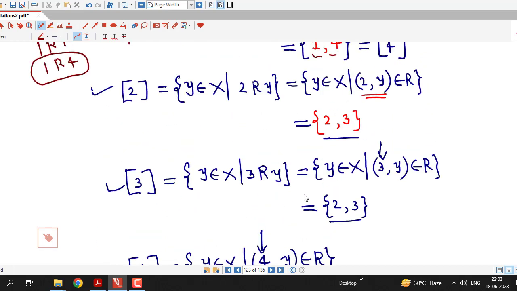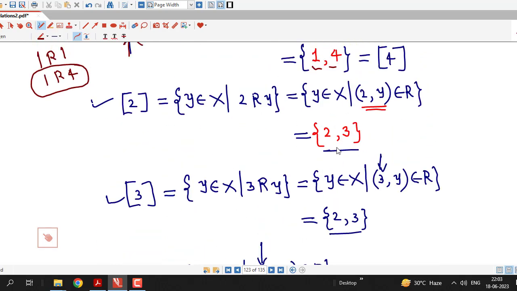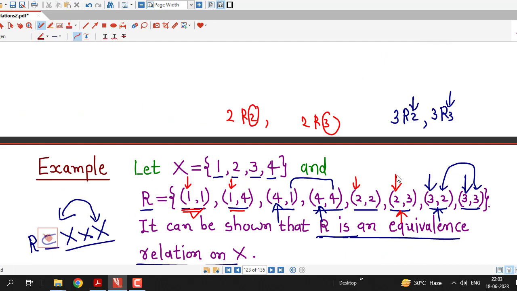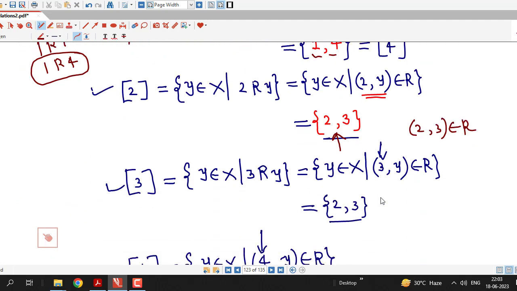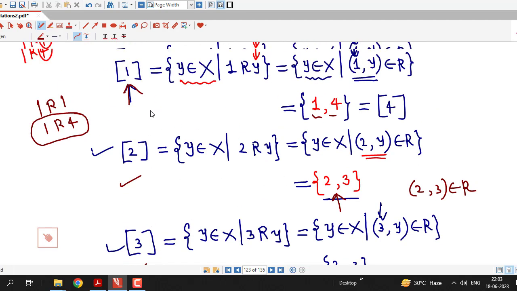Similarly, we can see that 2 and 3 are related. We can see that ordered pair (2, 3) belongs to R, that is 2 is related to 3, and here we observe that equivalence classes generated by 2 and 3 are equal.